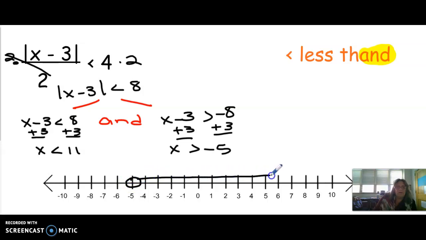That's greater than -5. I'm going to add another line here. This is 11. So I'm going to have an open circle on 11, and it says less than 11. So I'm going to go to the left. So once again, it's between these two numbers. It's an open circle. It doesn't include -5. It doesn't include +11.